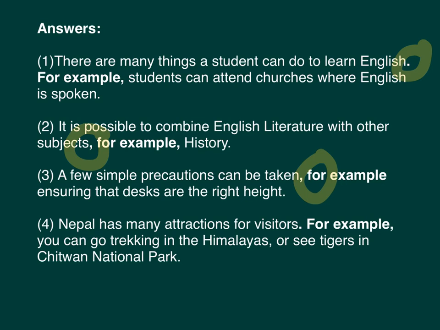Answer number 4. Nepal has many attractions for visitors, period. For example, with no S, comma, you can go trekking in the Himalayas, comma, or see tigers in Chitwan National Park, period. So even though there were 2 items after, for example, which is go trekking in the Himalayas or go see the tigers, you do not need to have a plural for example.